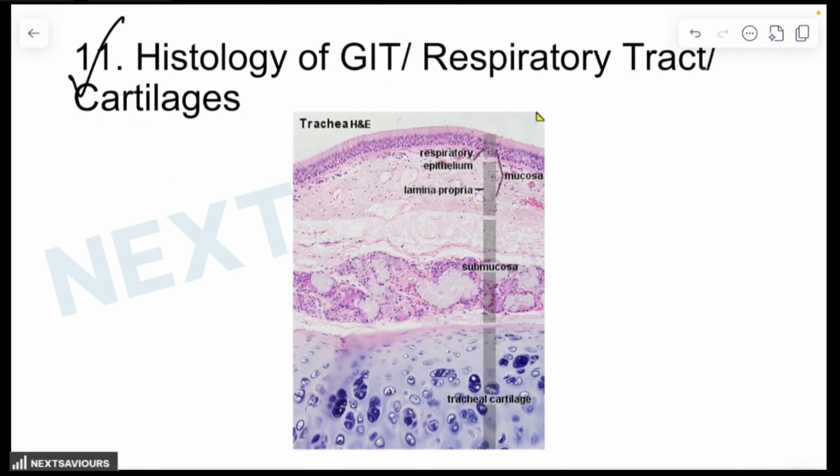Another topic out of which the question is most likely to be expected is the histology of GIT, the respiratory tract, or the cartilage differences. So frequently these are asked in the form of spotters or image-based questions in the FMGE examination. They are high yield because the epithelium type changes along the tract, like esophagus is different, the stomach is different, intestines are different, and then they continue to ask you about the differentiation between the hyaline, elastic, and fibrocartilages microscopically.